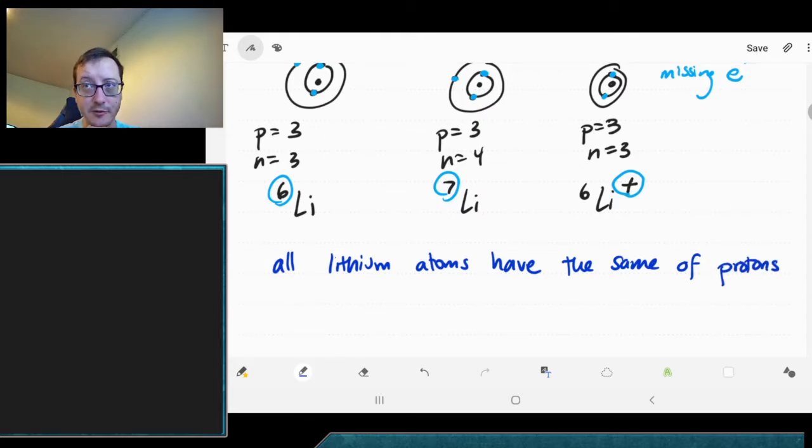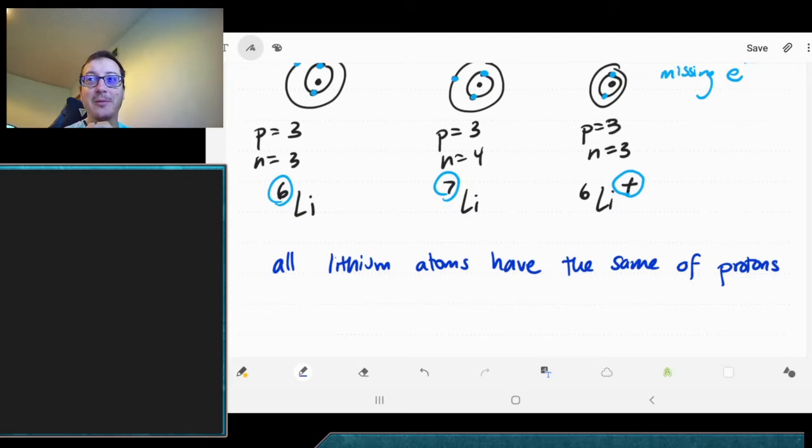And indeed, this is true. In fact, all atoms of whichever element you're looking at will have the same number of protons. We're going to see that hydrogen atoms have 1 proton, helium atoms have 2, lithium has 3, iodine has 53 (I might be mistaken about that), and carbon has 6.